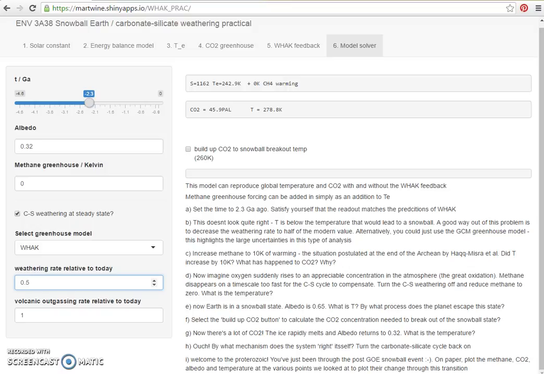So 2.3 billion years ago, before the Great Oxidation, there is lots of evidence to suggest that there were considerable methane concentrations in the atmosphere.